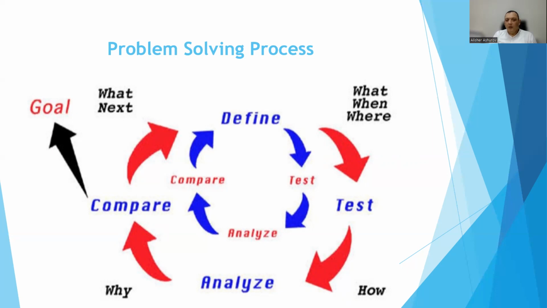We should compare it with other objects maybe, or other problematic issues. We should test, analyze, and synthesize the information concerning different problems. And of course, we should find answers to the questions what, when, where, and how.